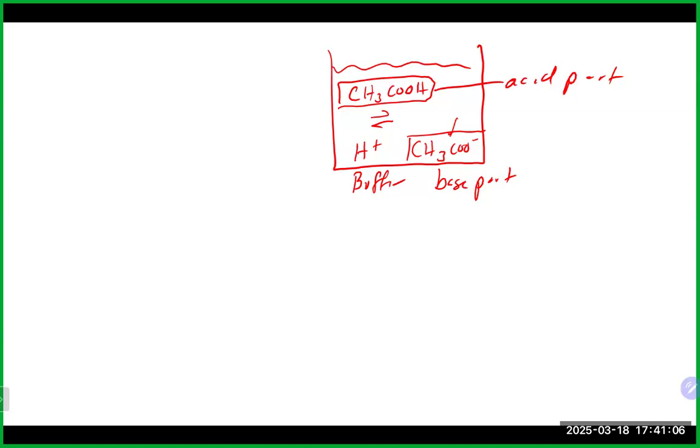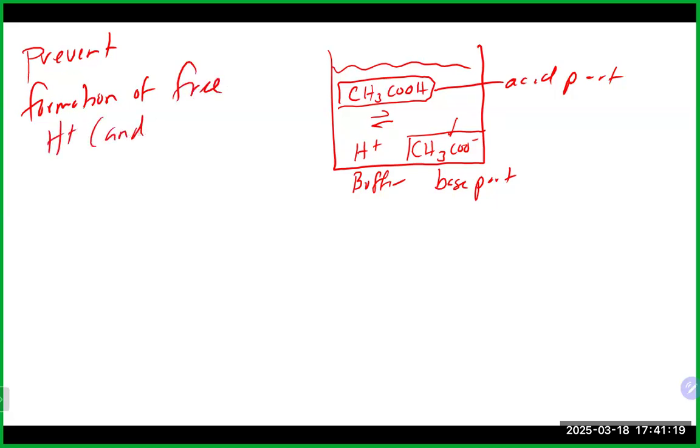Ultimately, what a buffer is able to do, as we talked about, is prevent the formation of free H plus when you add acid, or OH minus when you add base.